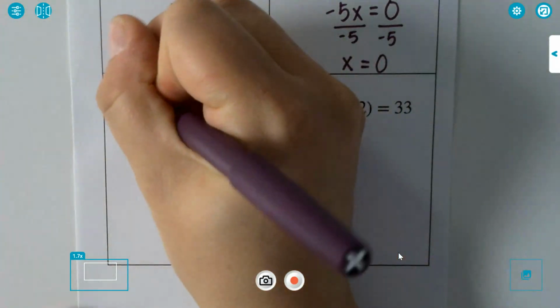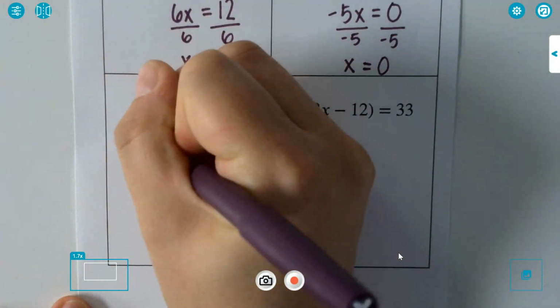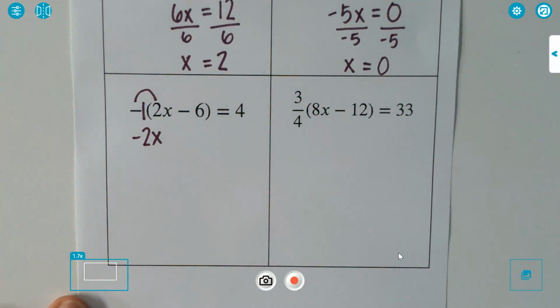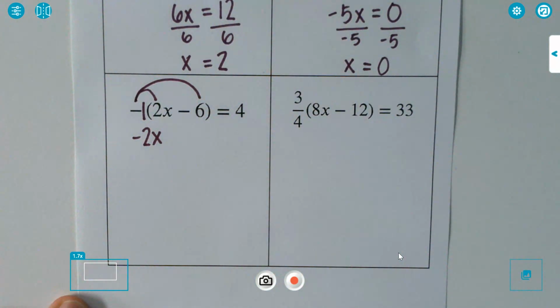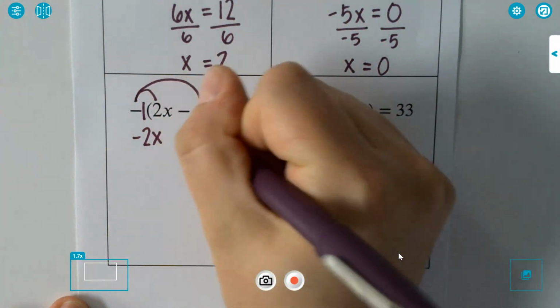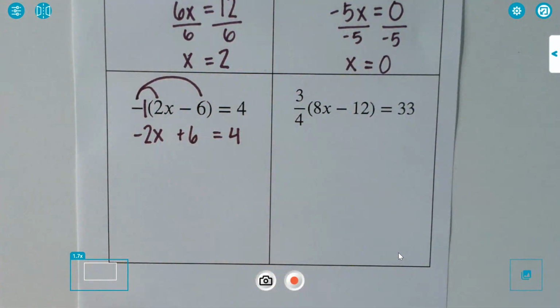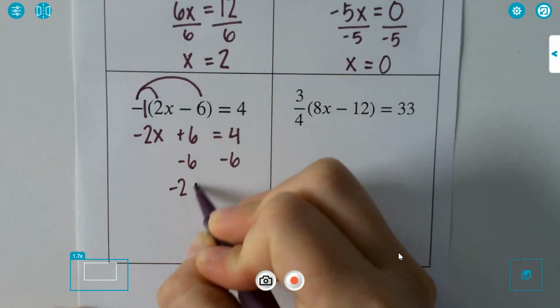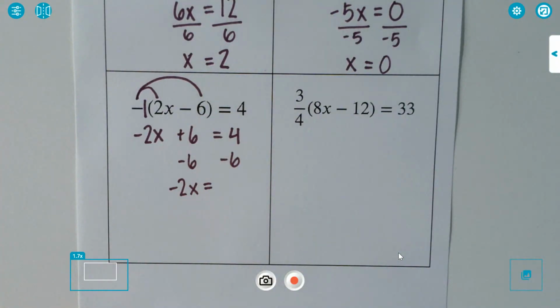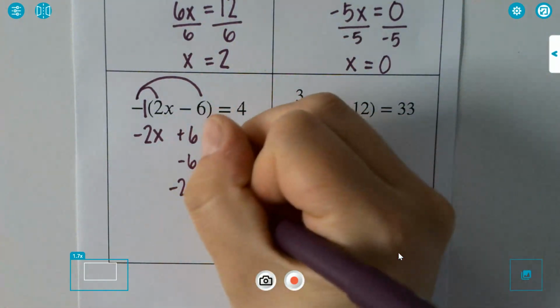So negative 1 times 2x is negative 2x. Negative 1 times negative 6. Negative times a negative is? Positive. Equals 4. Okay. From there, solve it like a normal equation. I'm going to subtract 6 from both sides. We've got negative 2x equals 4 minus 6 is negative 2.